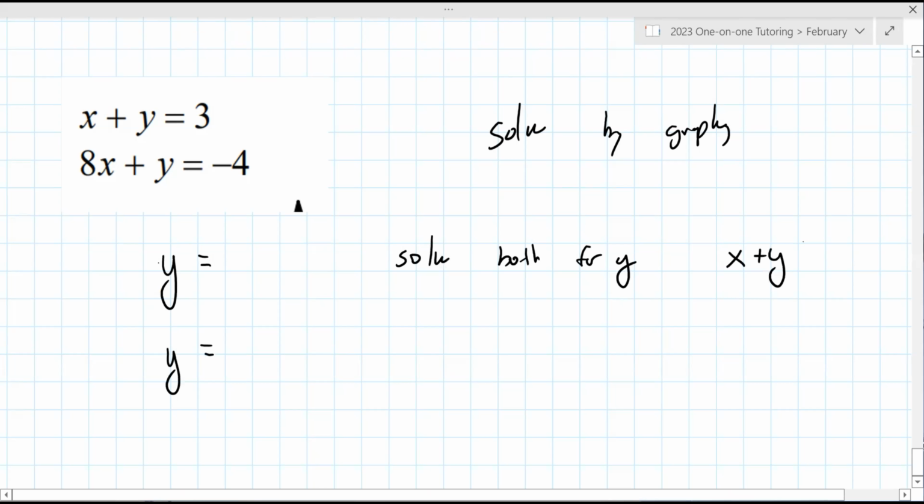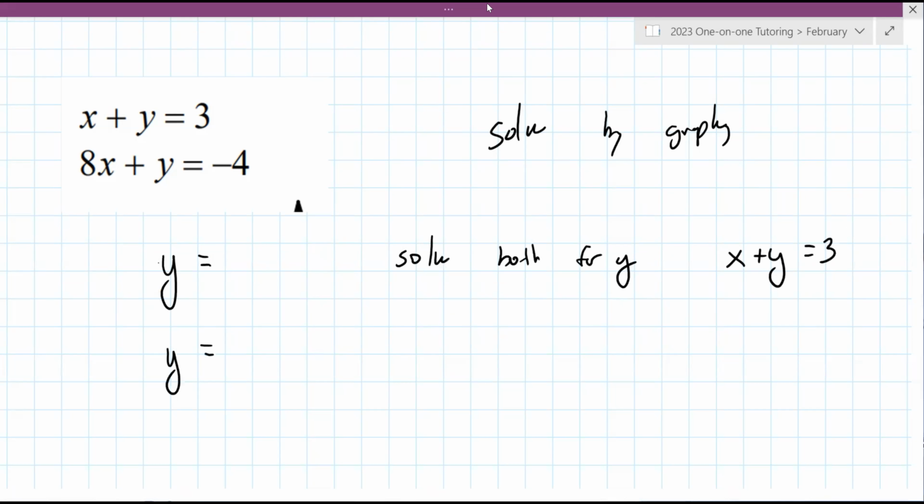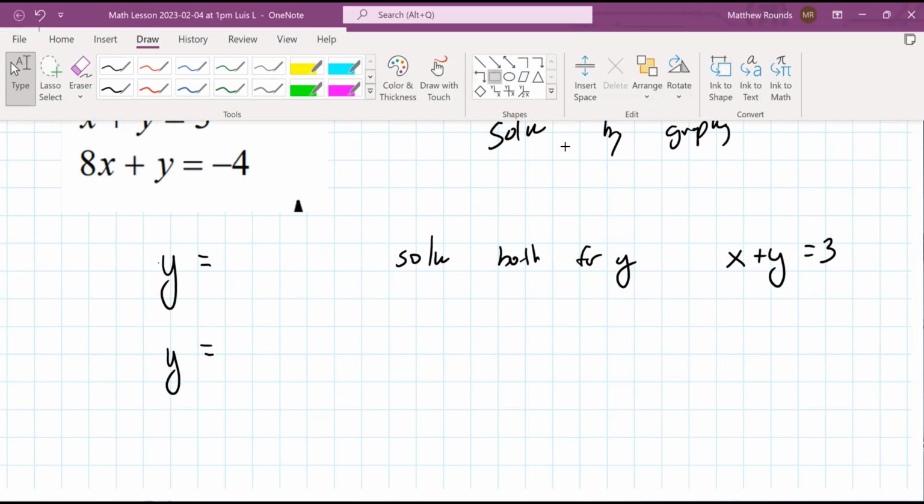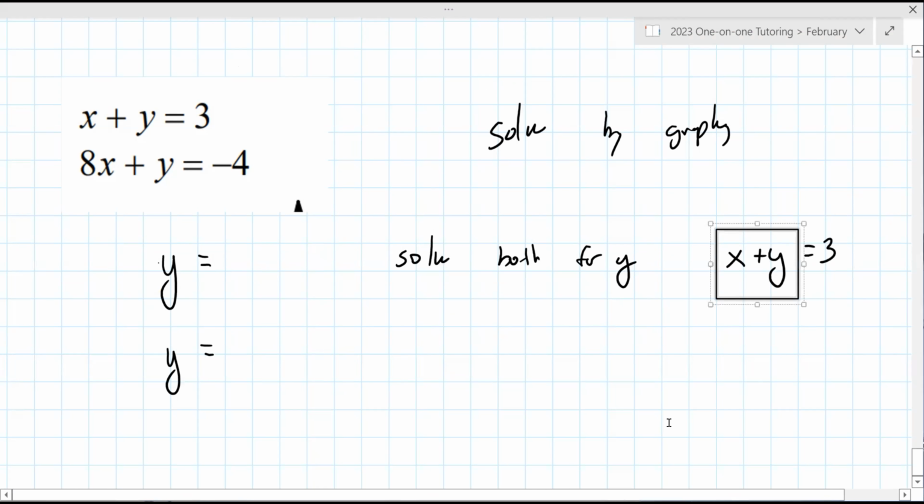Now look at the side with the variable. Ignore the 3. Your focus has to be on this. What is keeping y from being by itself? The x. Okay, and it's actually adding, so you're going to subtract x. I like to put it up in front, so it's y equals minus x plus 3, like that.